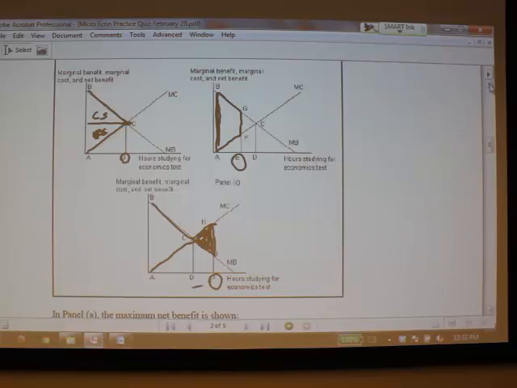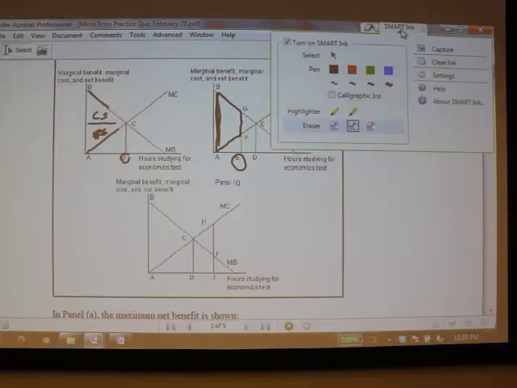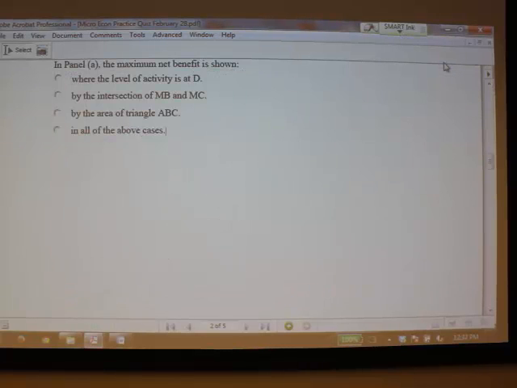From going from D to J, your costs increase a lot by this amount here, but your benefits only increase by the smaller amount here. So the costs are bigger than the benefits. And so, to make a long story short, A is true, where the level of activity is at D.